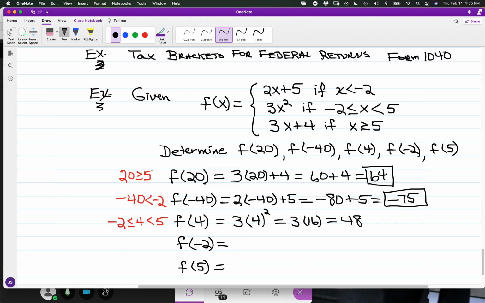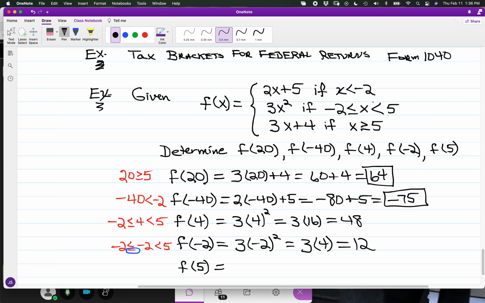Negative 2 cannot be less than itself, but it can be equal to itself, and negative 2 in turn is less than 5. So once again we have 3x squared, this time with x at negative 2. Negative 2 squared is 4, and 3 times 4 is 12.